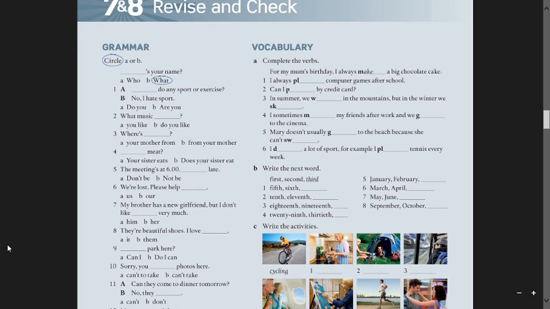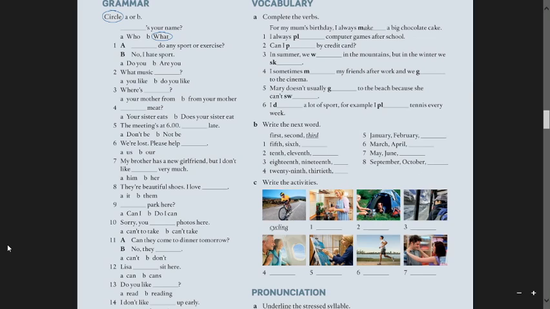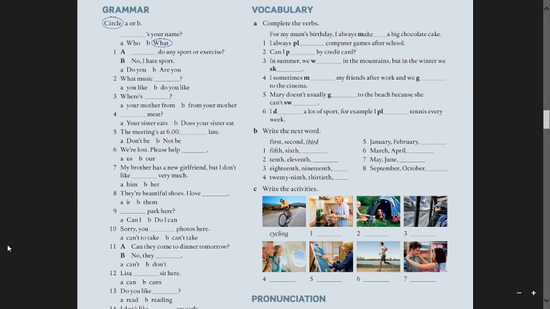So as you can see, you have an activity in which you have to circle option A or option B, okay? So you have to read the sentences or the questions and you have to choose which of the options, A or B, best fits, okay? It's the right one.